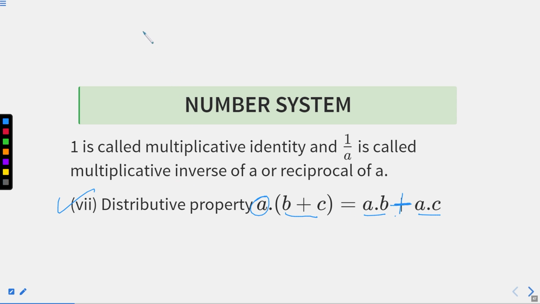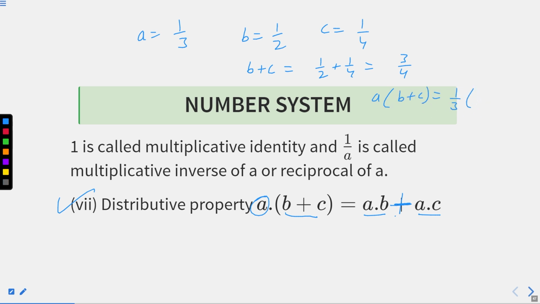So take an example: a is 1 by 3, b is 1 by 2, c is 1 by 4. Now b plus c is 1 by 2 plus 1 by 4, which is 3 by 4. Clear? And now a multiplied with b plus c, which is 1 by 3 times 3 by 4, which is 1 into 3 upon 3 times 4, which is 1 upon 4.